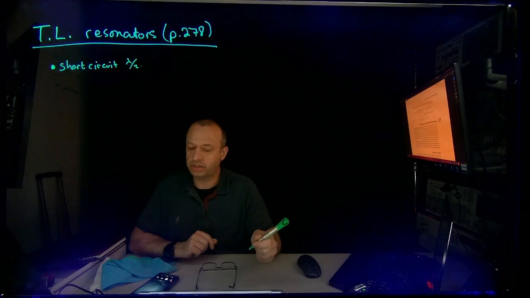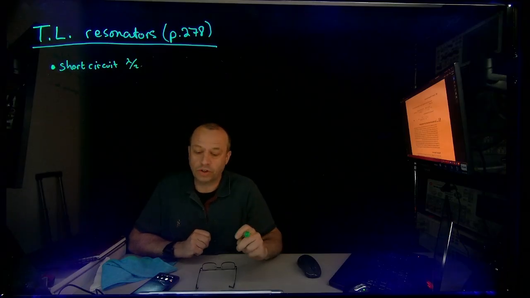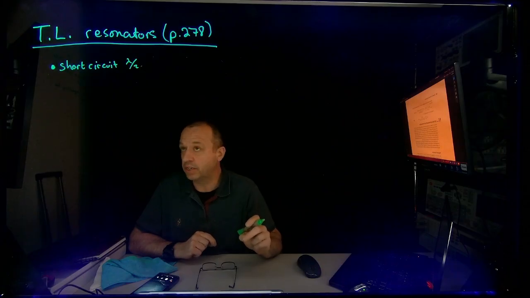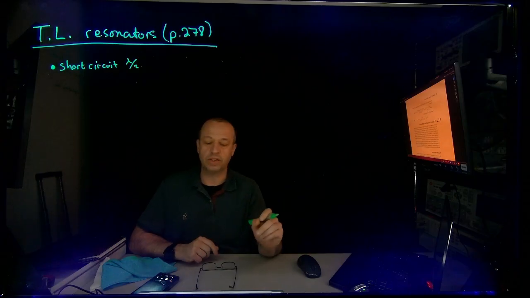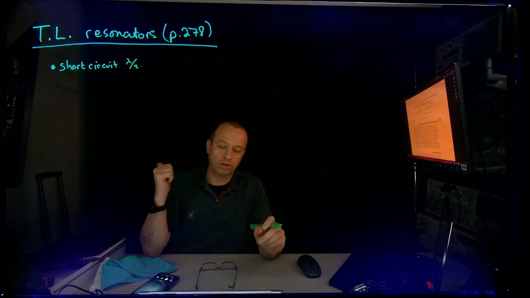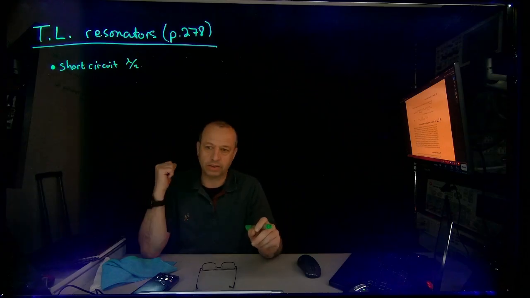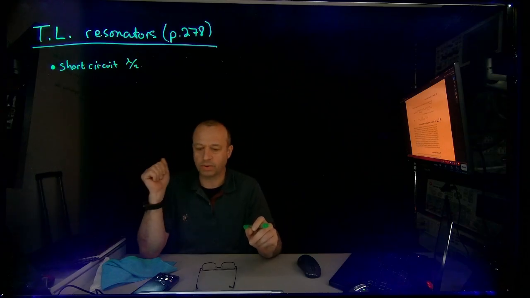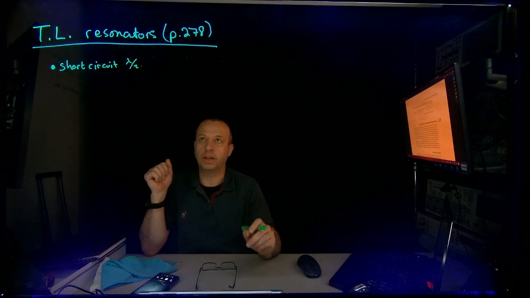On Canvas I will have uploaded a MATLAB script that should show you an actual resonance transmission line for n equals 1, 2, 3, and 4, and it should show the animation for each one of these depending on if it's short-circuited half wavelength, short-circuited quarter wavelength, or open-circuited half wavelength.